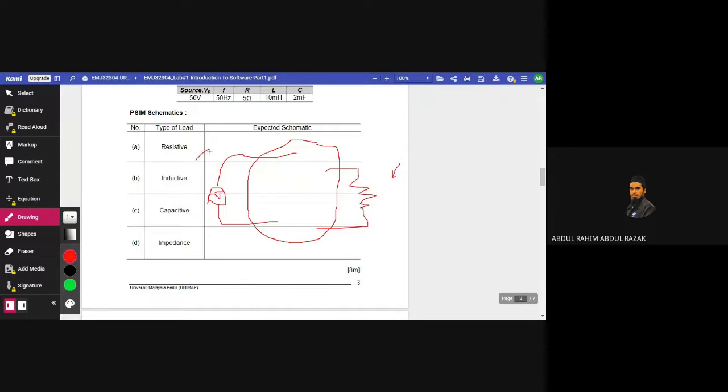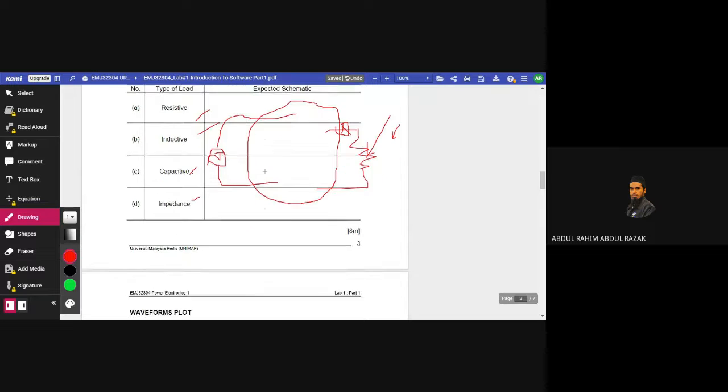For this task, the load varies between resistive, inductive, capacitive, and impedance. So you have 4 groups now. Each group will compose a different kind of load and present the results, the shape of the voltage and current produced by the circuit. You measure the current, how it flows in terms of pattern, and also the voltage flowing into the load.